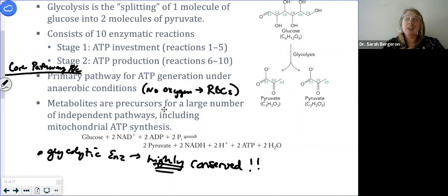Our DNA that codes for these enzymes is extremely similar between us and bacteria, something really, really ancient. Because of that high degree of homology, it is a very conserved pathway. It's something we see in all kinds of different organisms, right? That's where sequence homology tells us how old a pathway is. And glycolysis is extremely old.